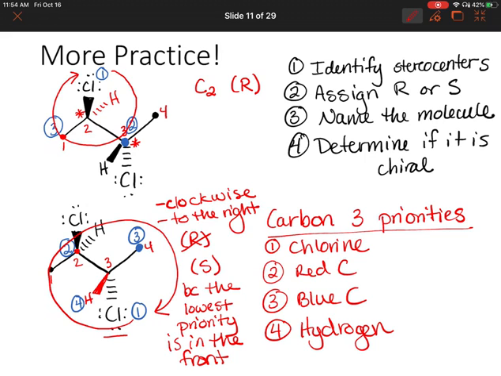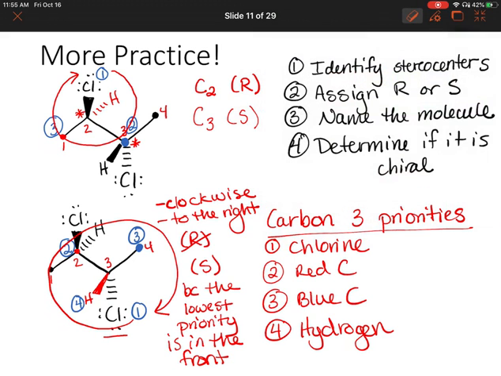Okay, so that's a really important thing to remember. If your lowest priority atom is in the front, then your assignment is actually the opposite of what it appears to be. So even though we're turning the steering wheel to the right, because that hydrogen's in front, it's actually an S assignment. Okay, so we figured out that carbon 3 has an S configuration.